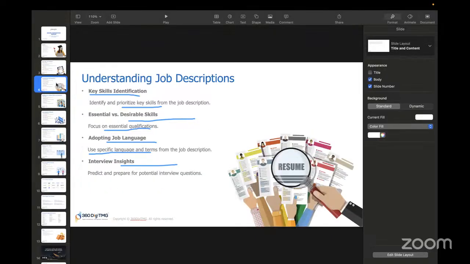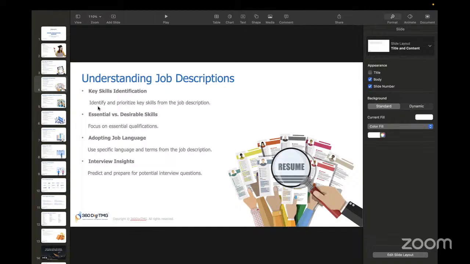Then we are going to look at how we are going to understand job descriptions. When you look for any kind of job, check whether you know all the skills and are capable of doing that job or not.